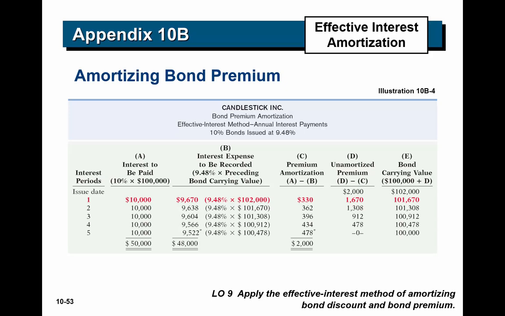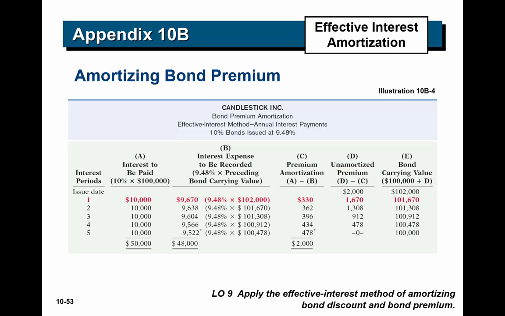You take that effective interest rate, you multiply it by the carrying value, that gives you an interest expense to be recorded. You subtract that by the interest to be paid, and that gives you an amount of premium amortization. To find the unamortized premium, you take last period's unamortized premium and subtract out any amount you've amortized.